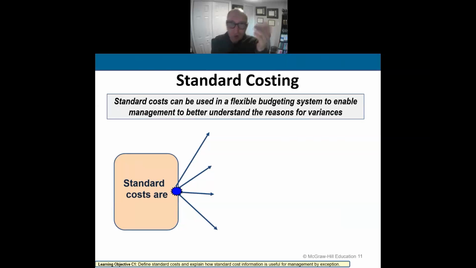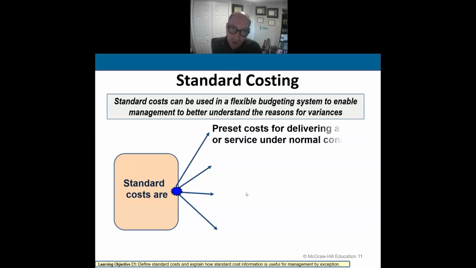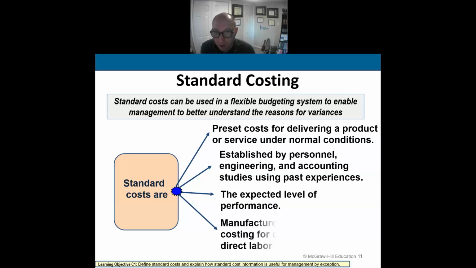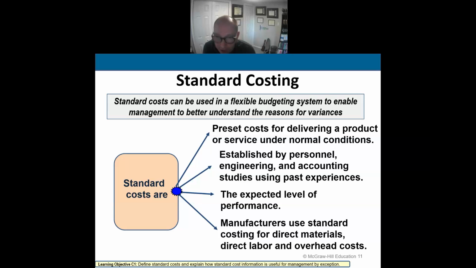Now, we know when we budget in a flexible system, we can make adjustments based off of the expected sales: low, medium, high. There are standard costs that can be used in the budgeting process. The standard costs exist based off of the operating conditions of the business.